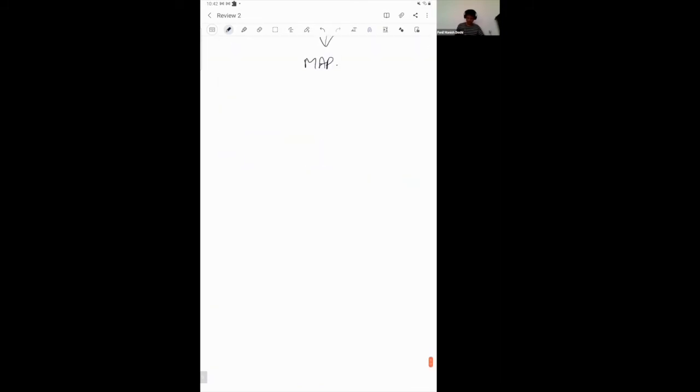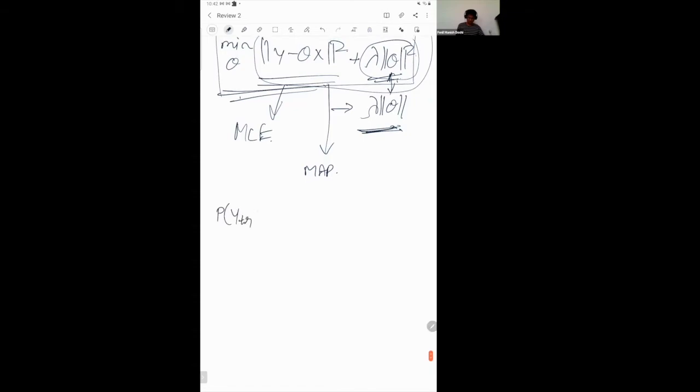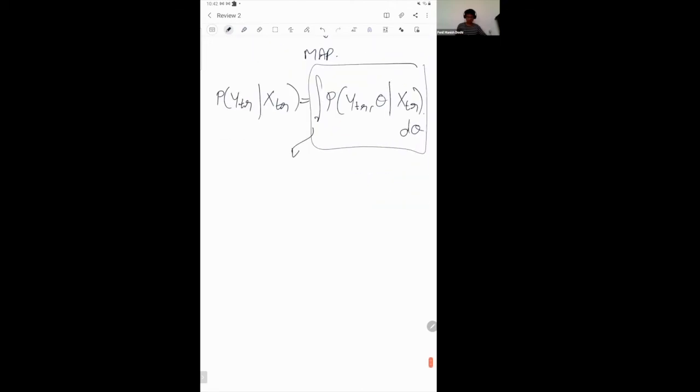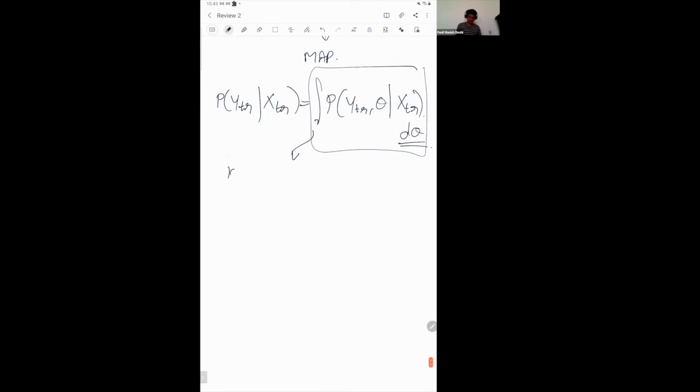In order to obtain this, you have to solve this integral over d theta. This single integral looks deceptive, but your parameters theta are never just a single univariate variable. If you have a neural network with 1,000 parameters, which is a comparatively very small model, there would be 1,000 integrals stacked together.